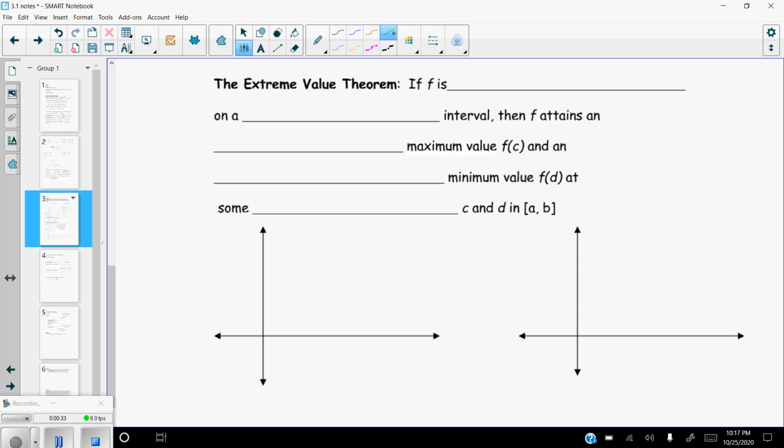It says, if f is continuous, let me try and write that so it actually looks like the word continuous.